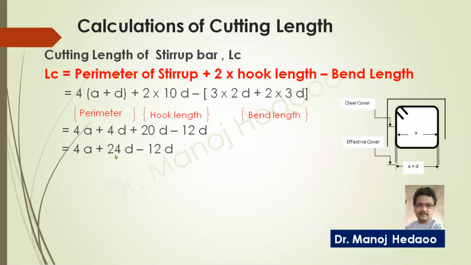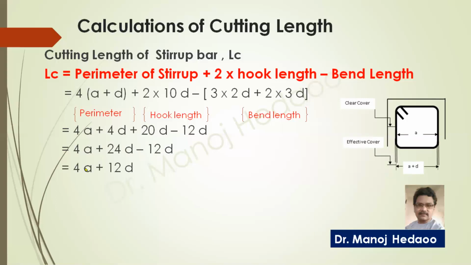Even in a few books, you will get this value 4A plus 24D. Even in my last video, I mentioned that the length of stirrup is taken as perimeter plus 24D. But now when it is necessary to calculate cutting length in a precise manner, we have to consider bend length, which we have to deduct.